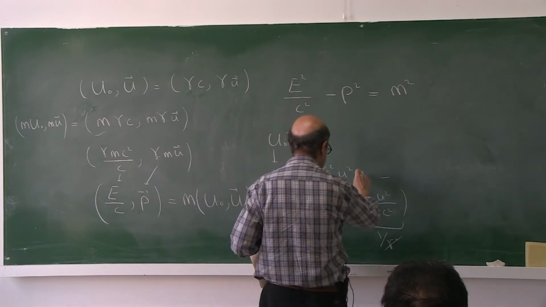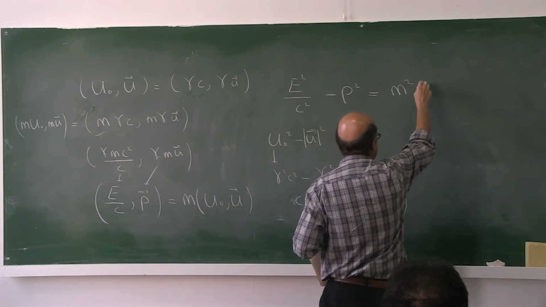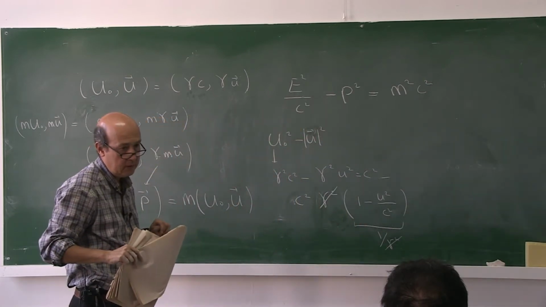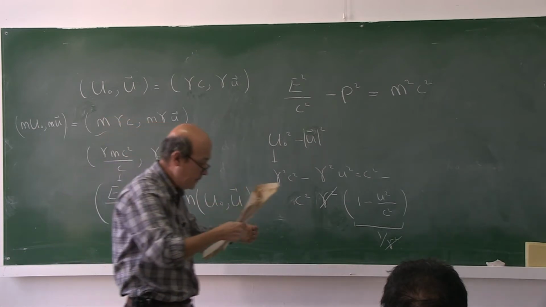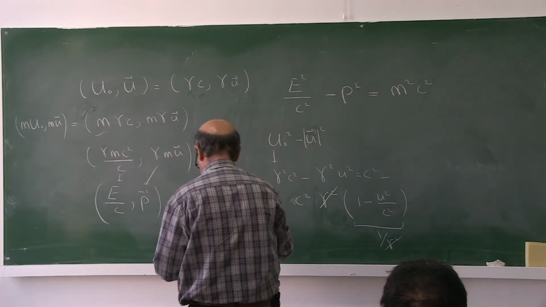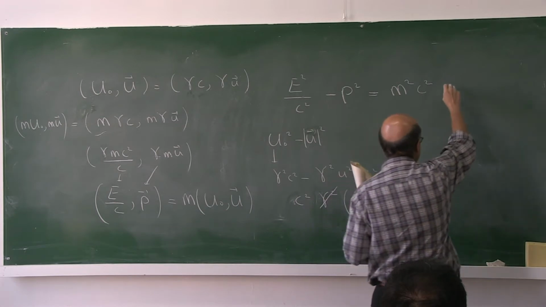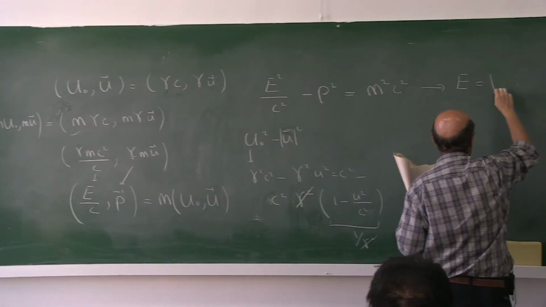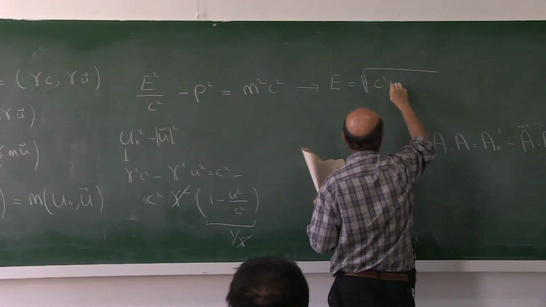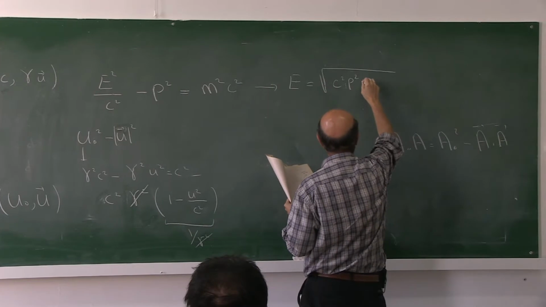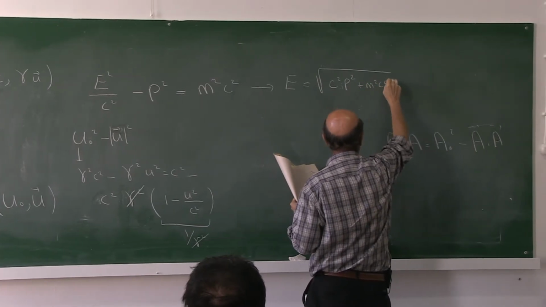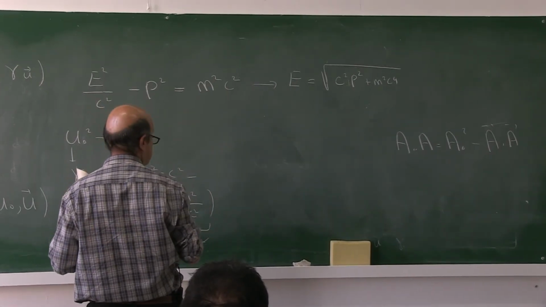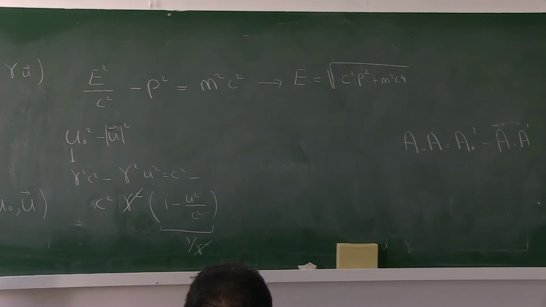So we find a nice formula, and you can represent this in the following form also: E square is equal to C square P square plus M square C to the 4. Take the P square to the other side and multiply by C square; you know this formula.